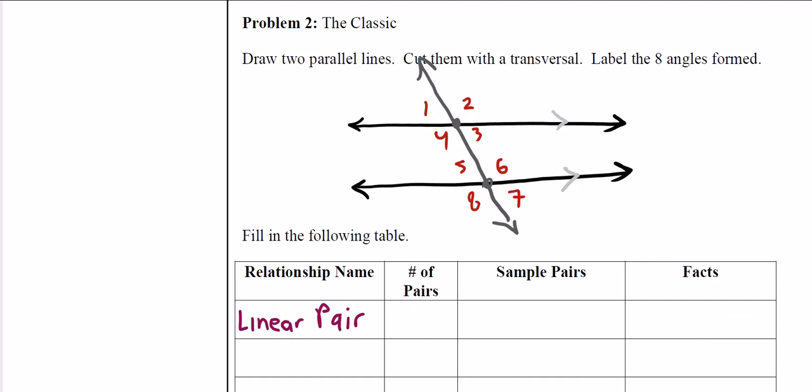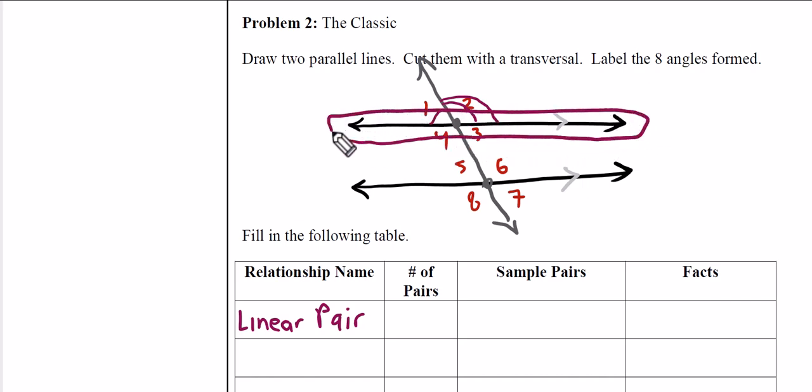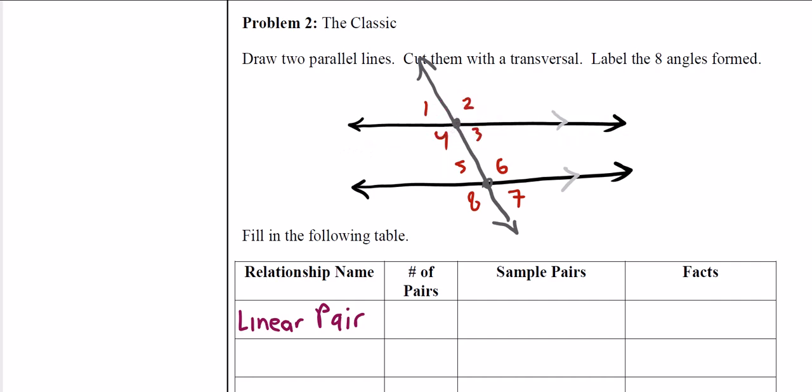Finally, linear pairs, which we've also discussed before. A linear pair is two angles that are adjacent, which means they're touching, and supplementary. So for example, angle 1 and angle 2 form a linear pair. You'll note that they actually form a line, and they're touching, sharing a vertex.